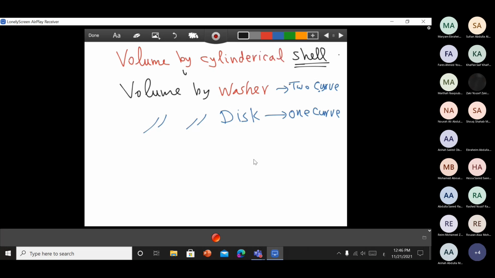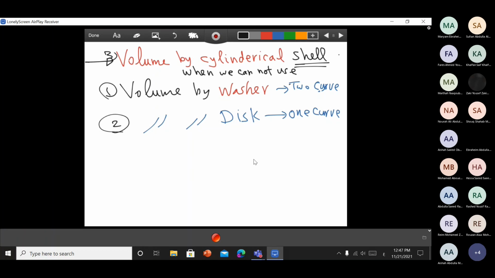So when we cannot use this one or that one, we have to go for volume by cylindrical shell. What are the formulas for this one?